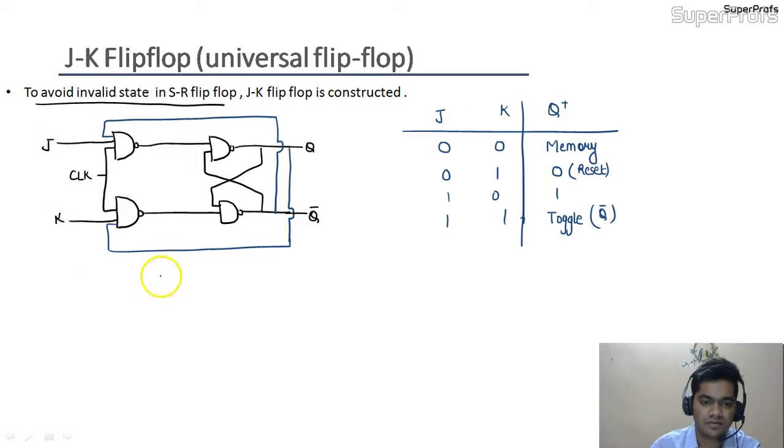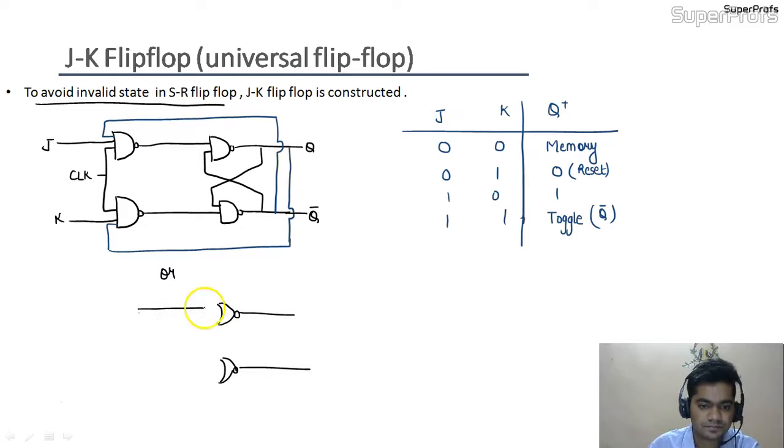One more circuit for the same JK flip-flop can also be constructed using a NOR gate latch. So if we are taking a NOR gate latch like this, okay, we are taking an SR flip-flop with NOR gates, and we are using the same circuit that we have studied earlier.